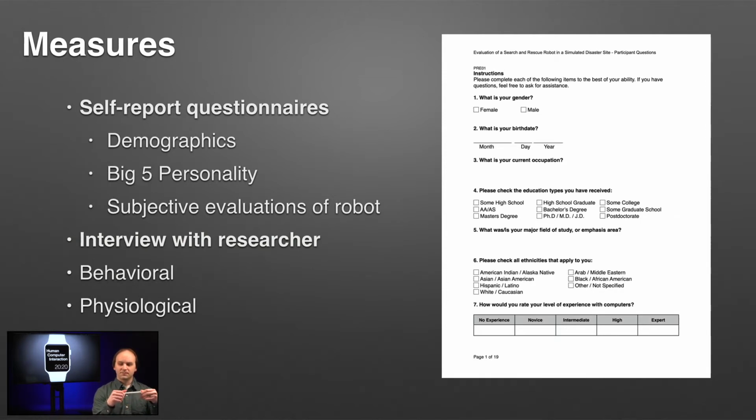And then we did some subjective evaluation of the robots. In addition to the self-report questionnaires, we did an interview with participants after the study, and we measured some behavioral aspects, things that they did in the study, and physiological measures: their respiration, heart rate, and skin conductance as they were going through the interaction.